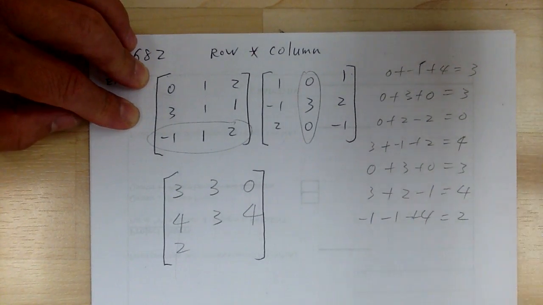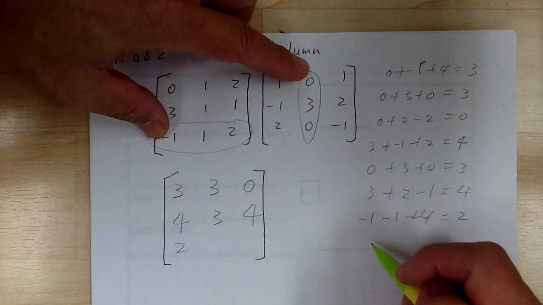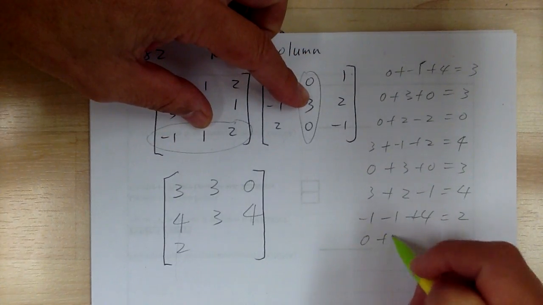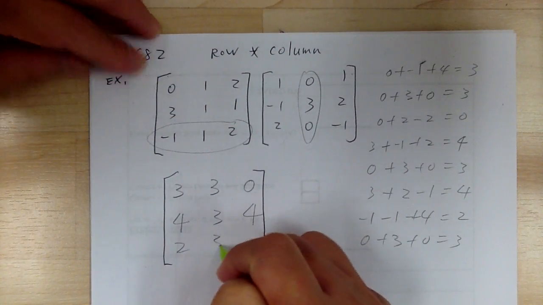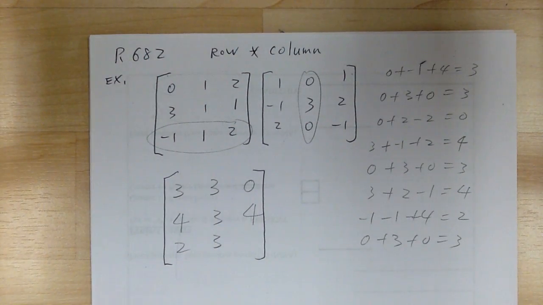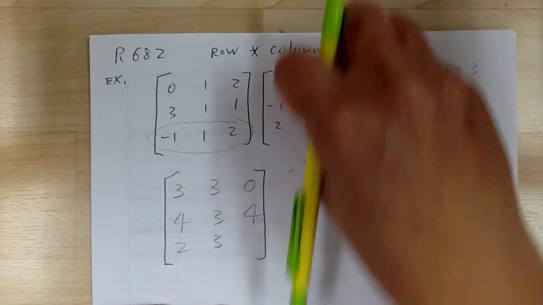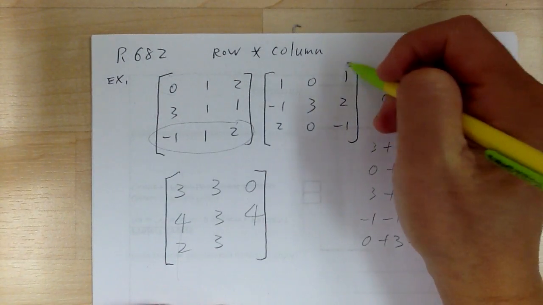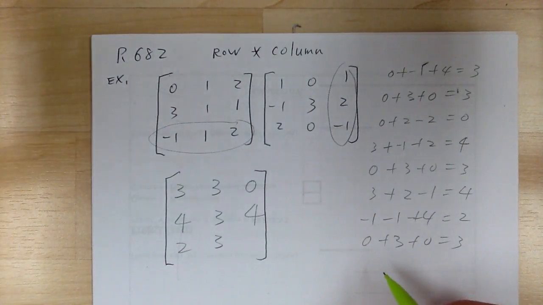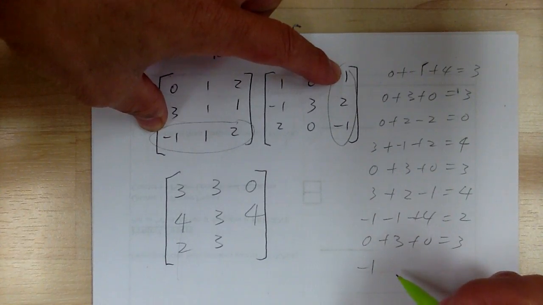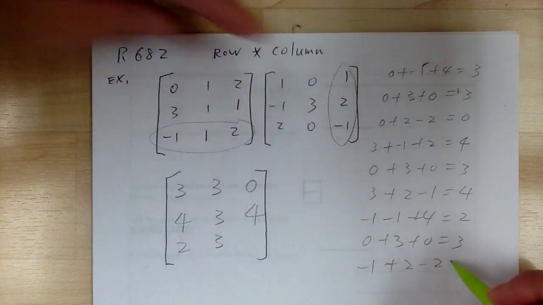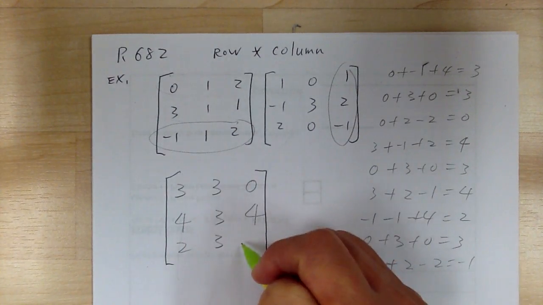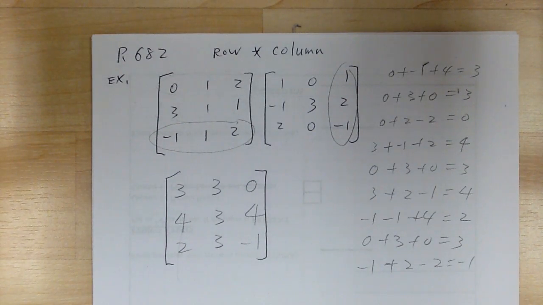Very easy to make careless mistakes, so watch out for that. So it will be 0 plus 3 plus 0 equal to 3. So 3 over here. Okay, so now one last one to go. Okay, so you're going to get -1 plus 2 minus 2 equal to -1. And that's it. You're done.